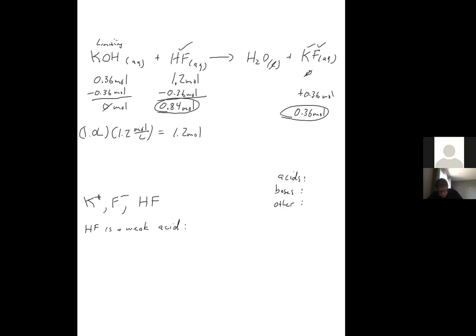So what you get is you get some HF, but you also get a little bit of H plus and a little bit of F minus. It's mostly this because it's a weak acid. You get a little bit of this. So actually we've got quite a bit. We've got HF, we've got H plus. We also have F minus, although the F minus we already had there. We have both of them, right? So there's a little bit of both there. Okay. So this one actually ends up with quite a bit of different things in it.